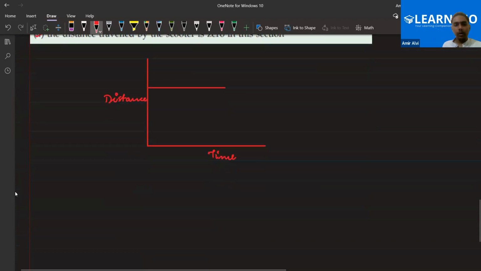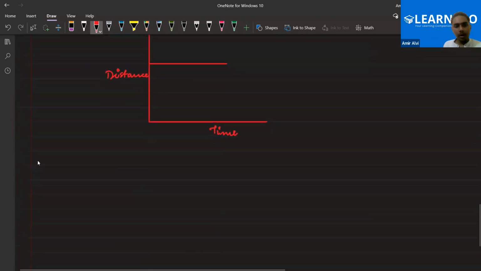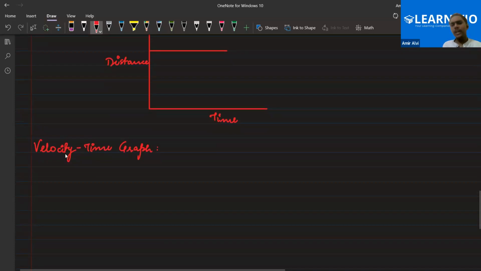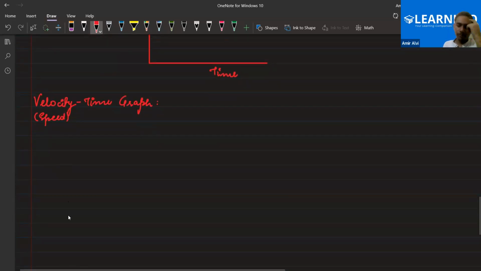Okay, so now let's move to the velocity time graph. So velocity time graph, or sometimes speed time graph, depending on the question. So this is the speed time graph. Clear, everyone?